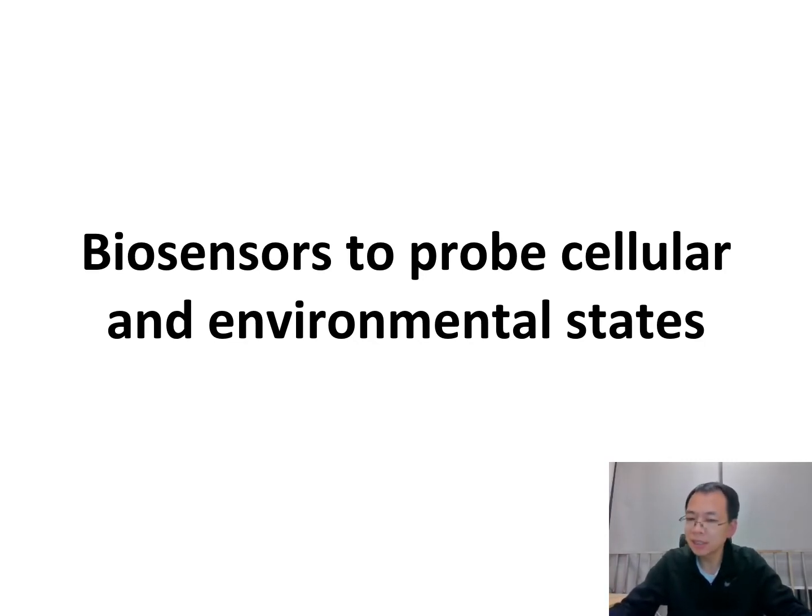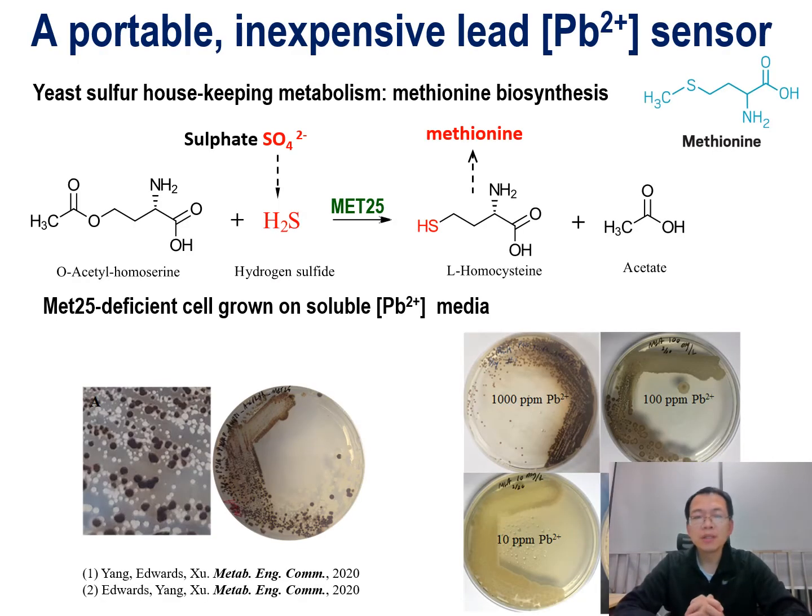And in this section, I'm going to move to the biosensor topic. So the first example I want to demonstrate is a light sensor based on the chemistry of the sulfur housekeeping metabolism in the cell. There's a gene called MET25, which encodes an enzyme responsible for assimilating hydrogen sulfide to synthesize L-homocysteine.